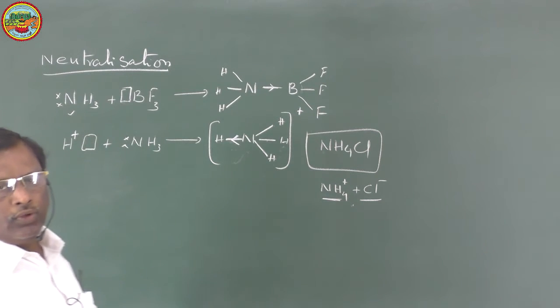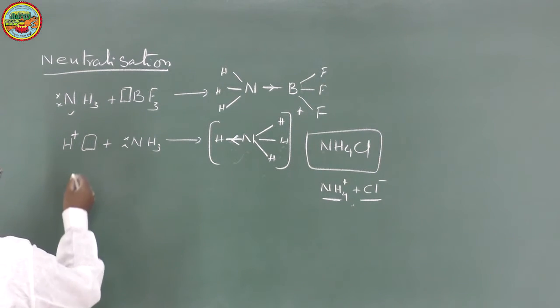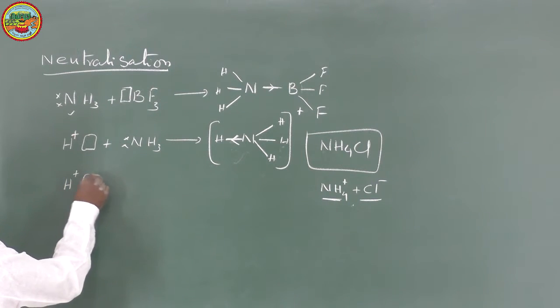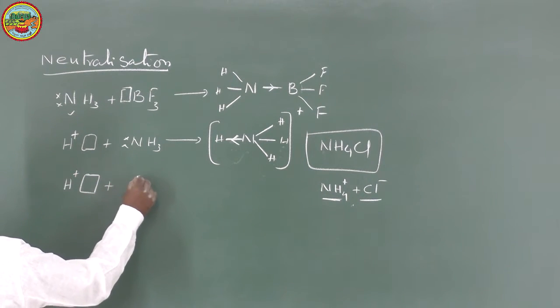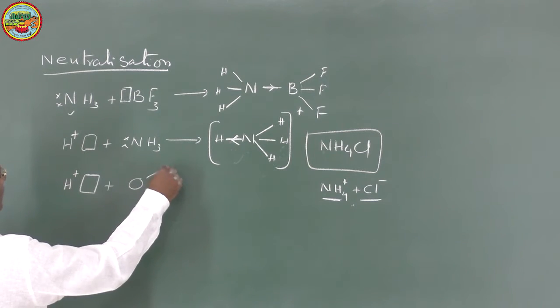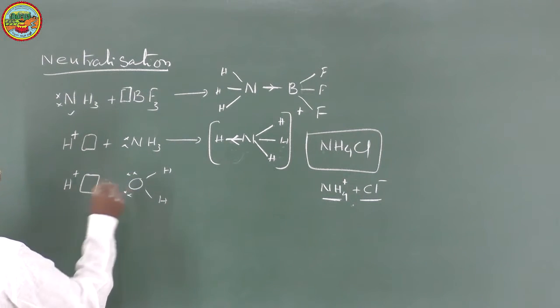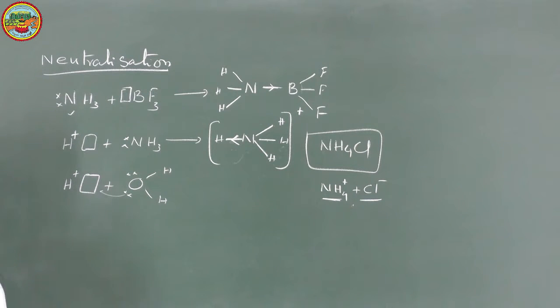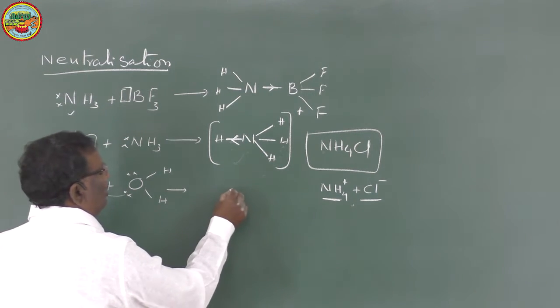This type of bond can also be formed in the H3O plus ion. In the H plus ion, we have an empty orbital. In H2O, we have two pairs of electrons on oxygen. One pair can be donated to the H plus ion to form the H3O plus ion.